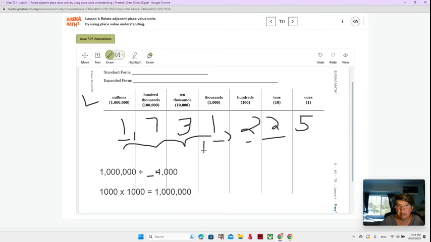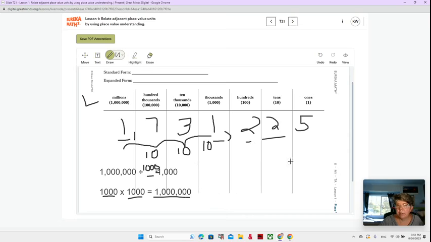And each one is 10, 100, because 10 times 10 is 100, and 100 times 10 is 1,000. So 1,000 times 1,000 equals 1 million. So 1 million divided by 1,000 is going to equal 1,000.